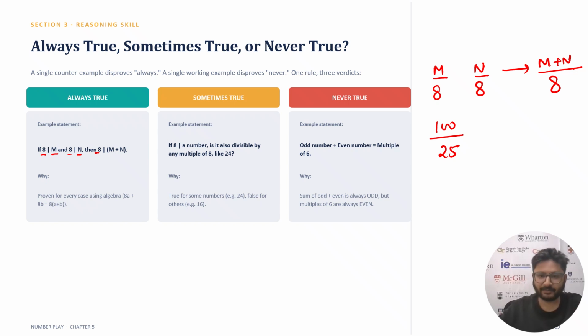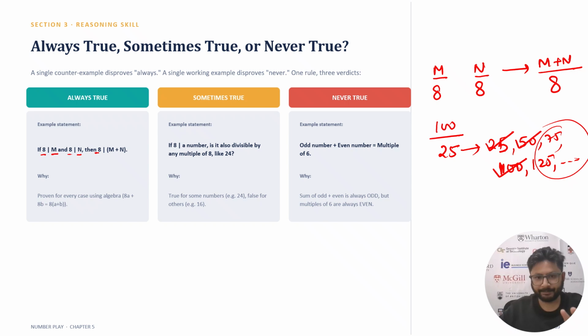For example, what are the multiples of 25? 25, 50, 75, 100, 125, and so on. So 100 is divisible by 25, 50, and 100, but not the rest. So not always true for all the numbers.